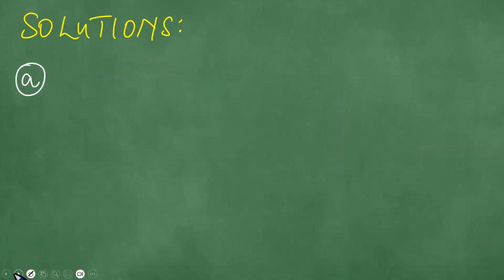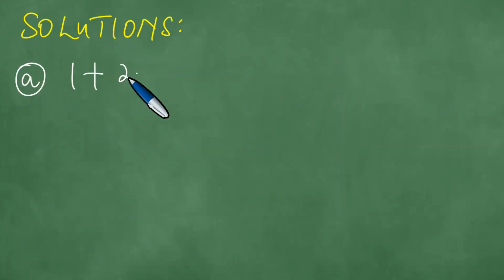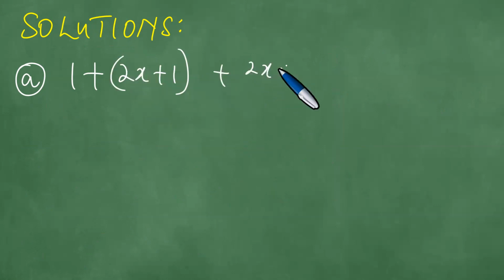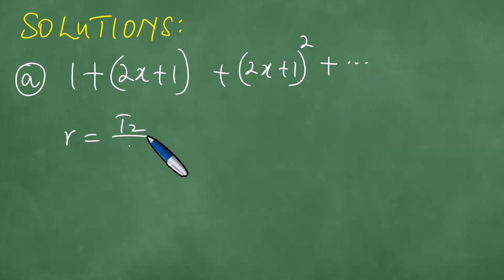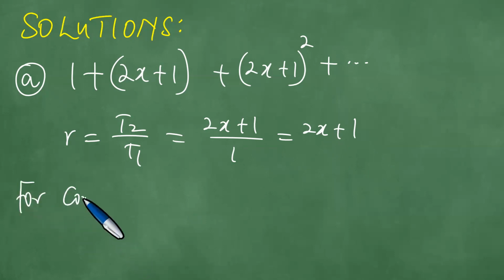So let's do part A. We have 1 plus 2x plus 1, 2x plus 1 squared, and so on. So we have the constant ratio, which is T2 over T1, which is 2x plus 1 over 1, which is 2x plus 1.